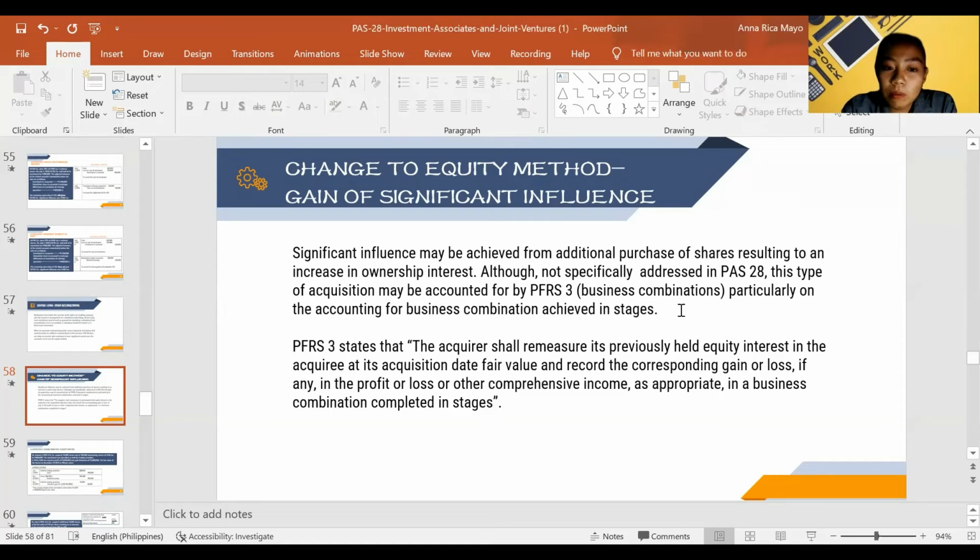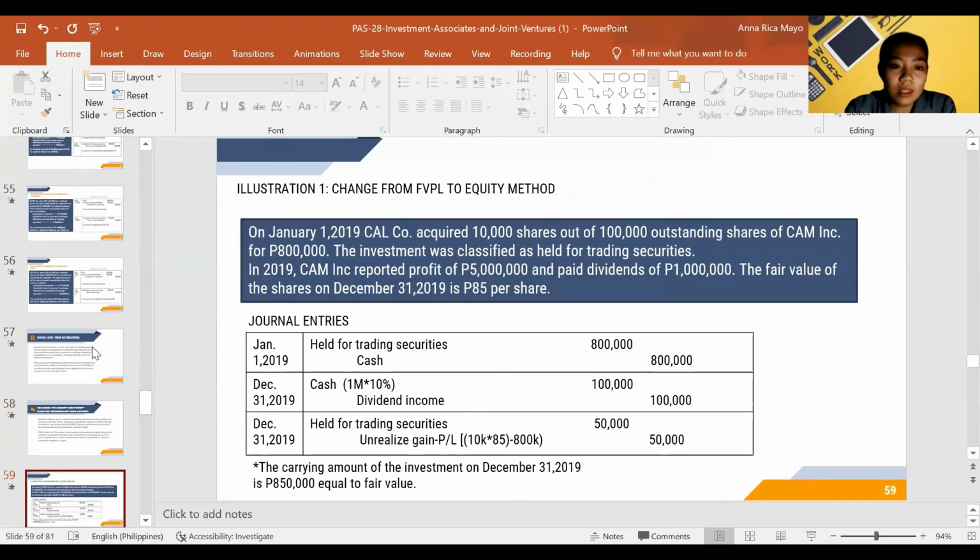Sabi nga doon sa business combination, PFRS 3 states that the acquirer shall remeasure its previously held equity interest in the acquiree at its acquisition date fair value, and record the corresponding gain or loss, if any, in the profit or loss or other comprehensive income, as appropriate in the business combination completed in stages.